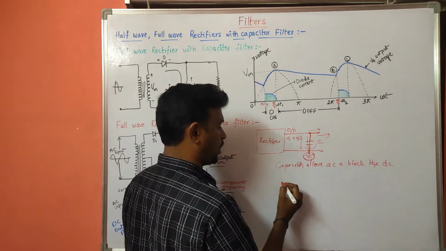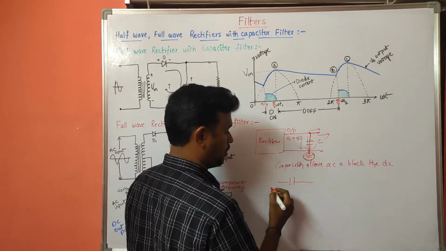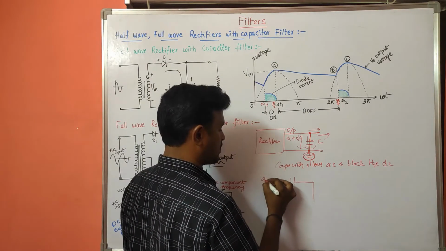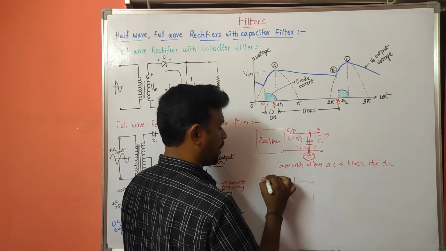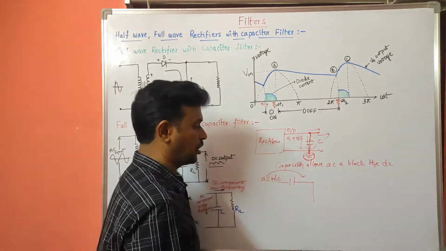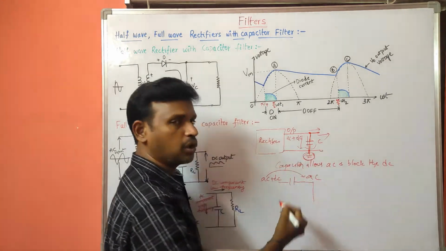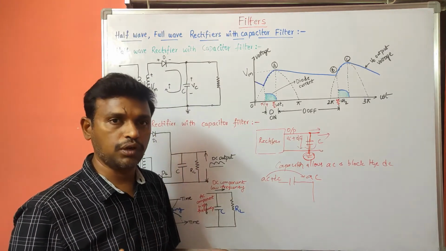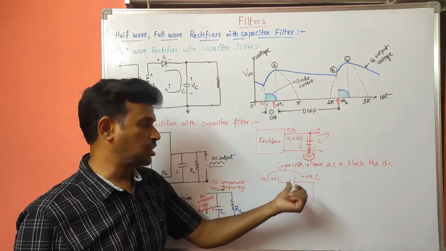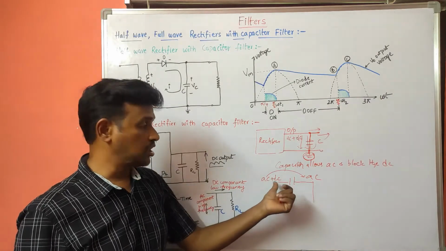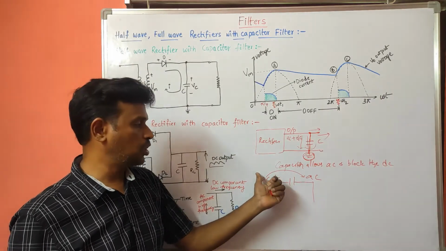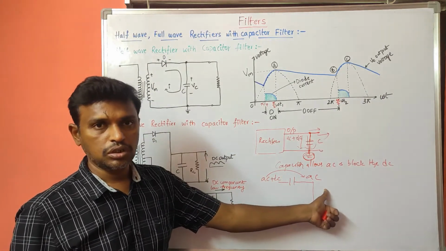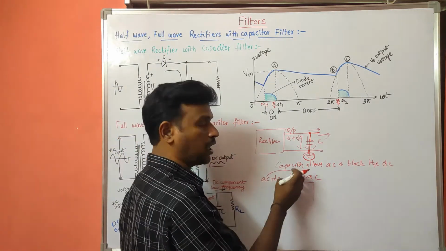Okay, suppose I connect this one in series, so what happens here? We get AC plus DC, so it will pass the AC component. That means we will get only AC at the output side. But what we require is the DC component. So DC we are not getting here. DC will be blocked by the capacitor and only AC will come here. So this is not our required output.